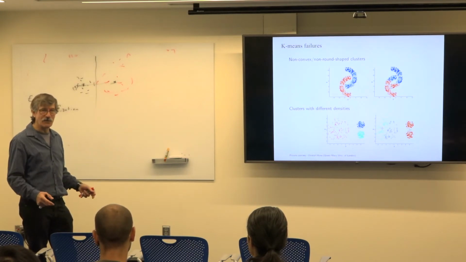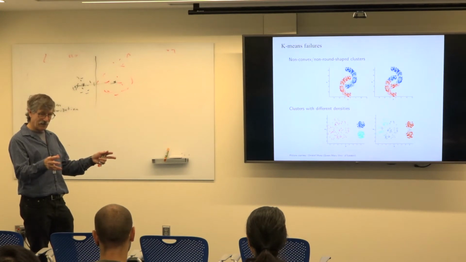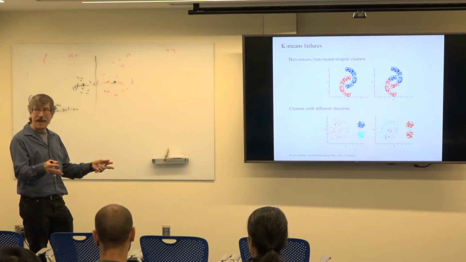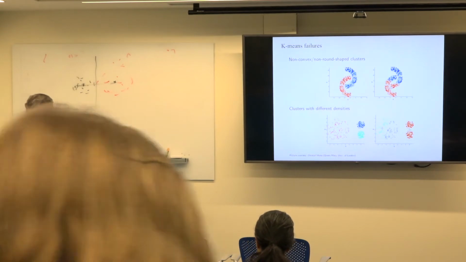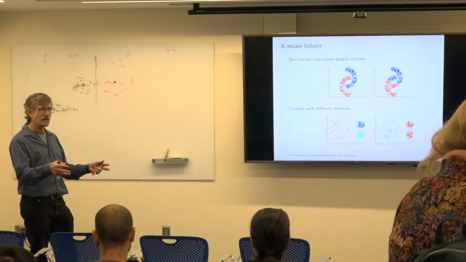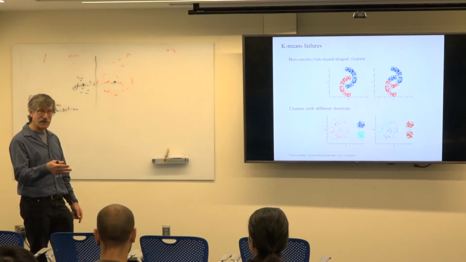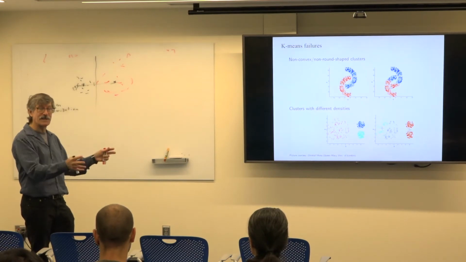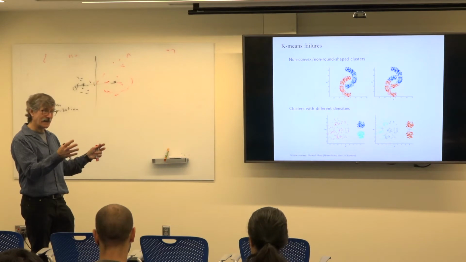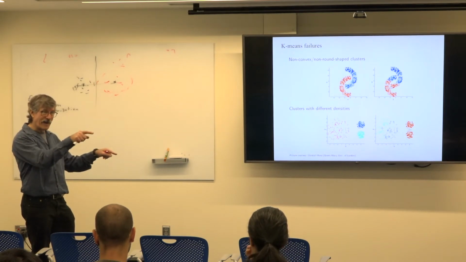So you've got these 3 candidate means. You then assign points to clusters, and in k-means, the way you assign is by nearest neighbor. You assign every point to whichever current candidate cluster it's nearest to. So you've now partitioned the data into 3 sets. You take those 3 sets, you find the means of them all.